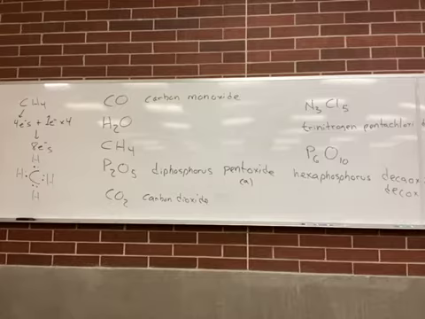Carbon, nitrogen, oxygen, and fluorine always obey the octet rule. Boron doesn't obey it. Phosphorus can, but oftentimes doesn't. Sulfur can, but oftentimes doesn't. Chlorine can, but again, oftentimes doesn't.